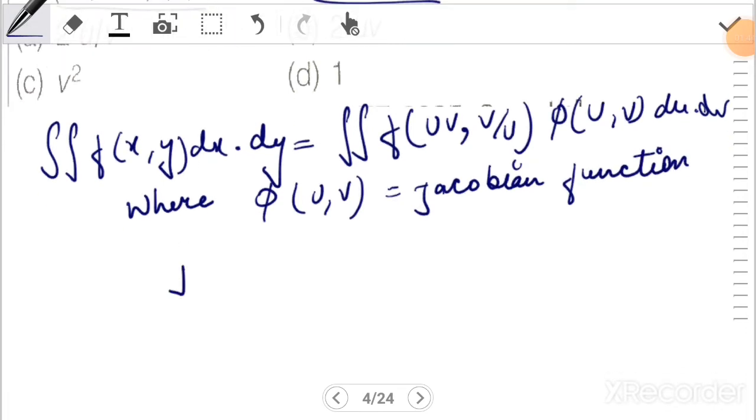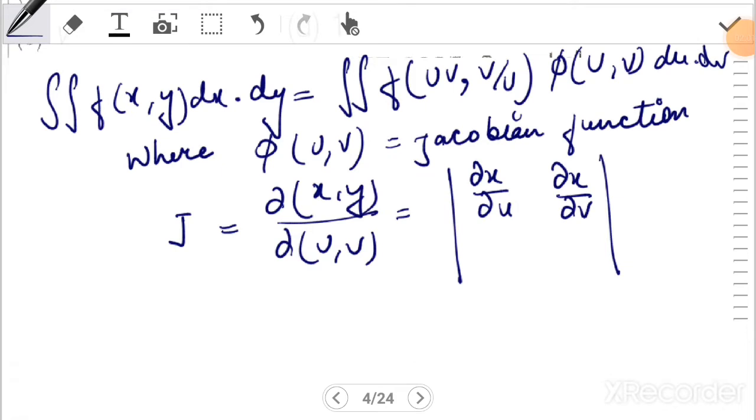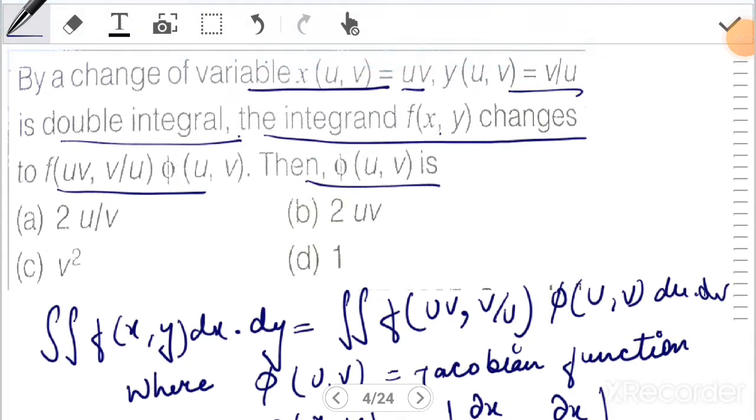Okay, so J is given as del(x,y) by del(u,v), which is equal to the determinant of del x by del u, del x by del v, del y by del u, del y by del v. So we have x(u,v) as uv, y(u,v) as v by u.